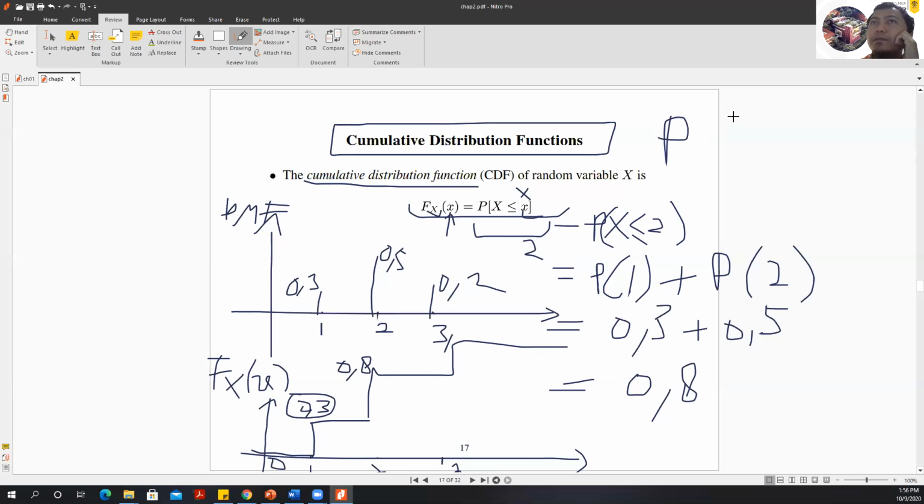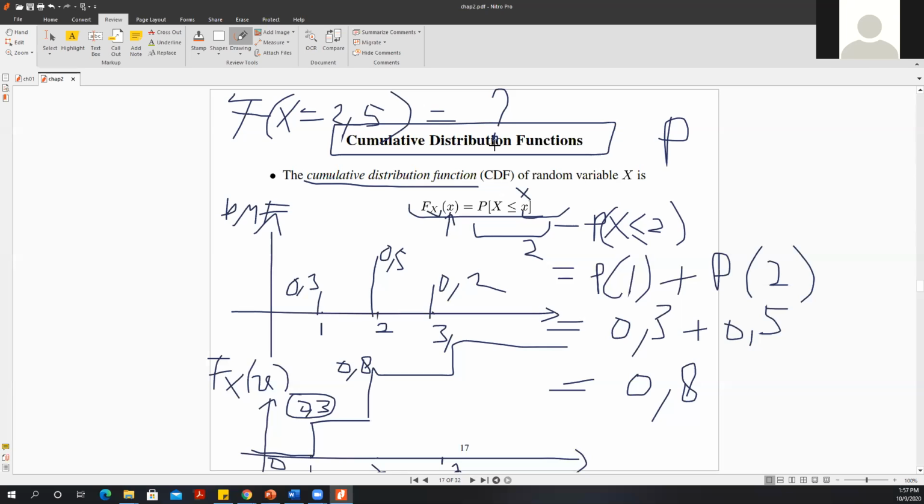Maybe we have a question here. If we have f of x equal to 1.5, what is the CDF? Anybody can answer my question? CDF of 2.5. Is it 0.8? Any other answer?